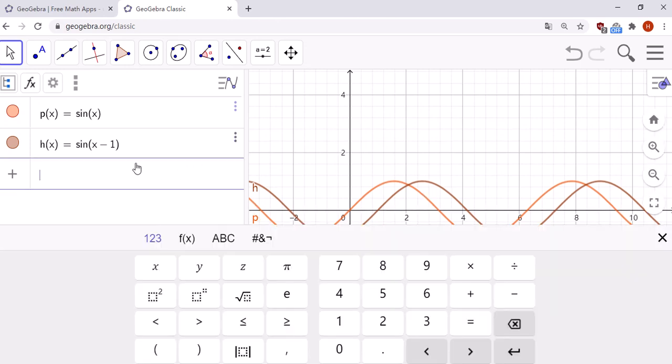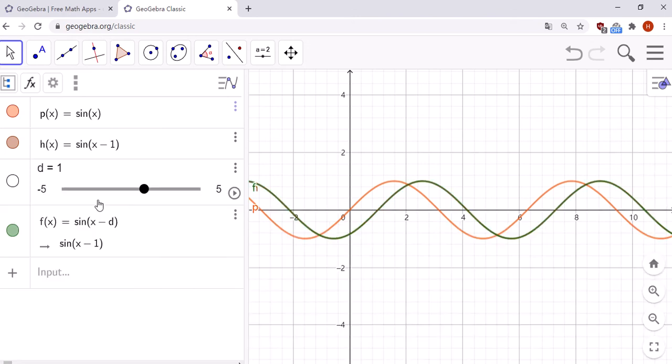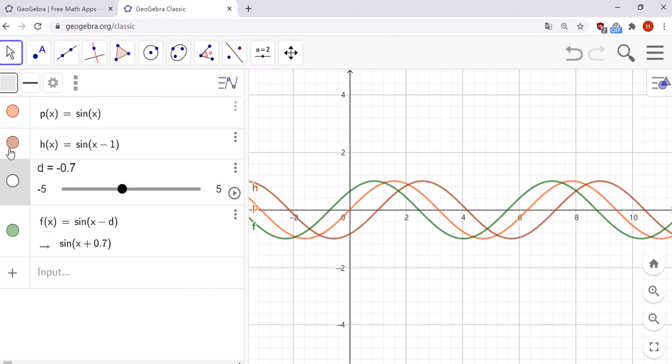And next we are going to input y = sin(x - d). So we're going to change d. When d is negative 0.6, I'm going to hide it.